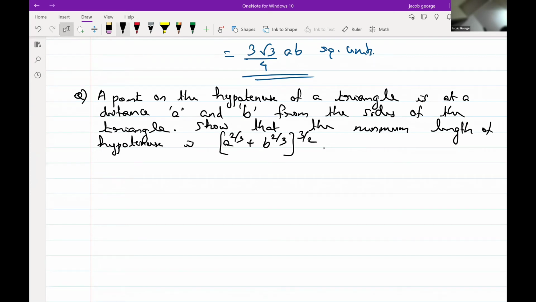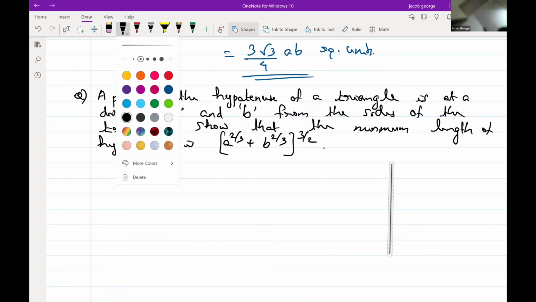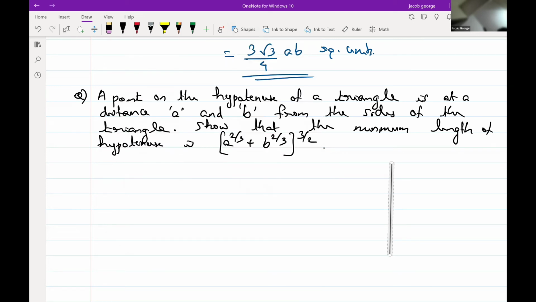Okay, so let's draw a right triangle. Please draw a right triangle. First, I draw the base and altitude.